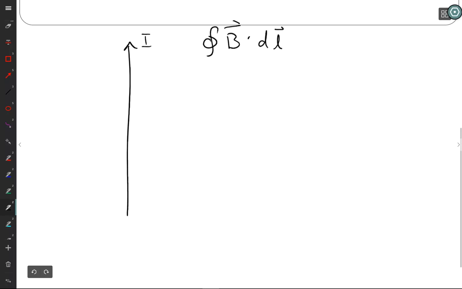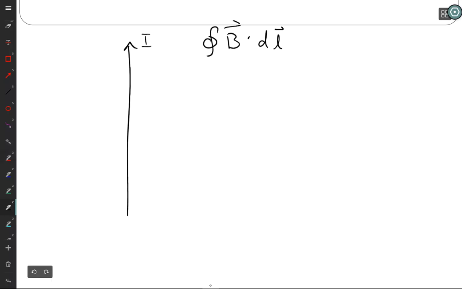What loop can I make where that integral is easy? Based on the symmetry here and the fact that magnetic field lines always form closed paths, the only symmetrical shape that the magnetic field lines could have here would be a circle around the wire, concentric with the wire. And so based on the symmetry, I'm going to have to use a circular path to do my calculation.